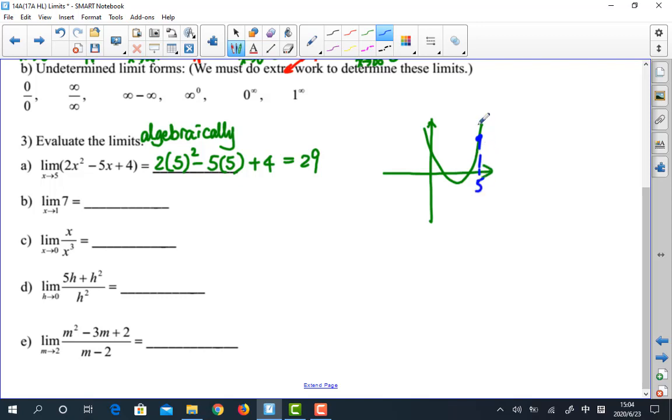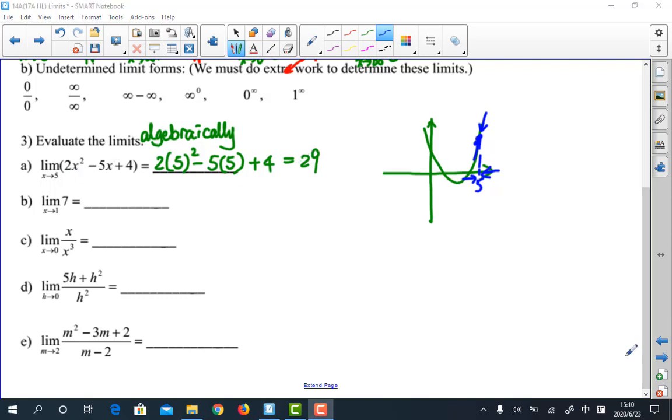Since it's a continuous function, when x is approaching 5 from the left-hand side, the y value is approaching 29. When x is approaching 5 from the right-hand side, the y value is approaching 29 from that side. So the limit value can be found by using subbing right away.